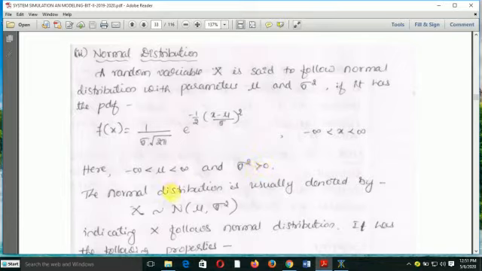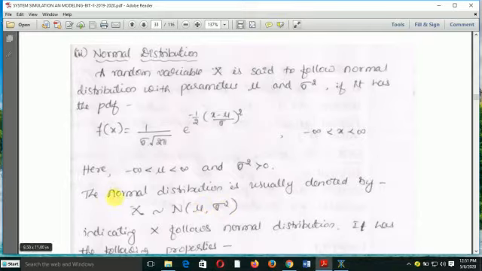The normal distribution will be denoted by big X, followed by n, mean and variance.